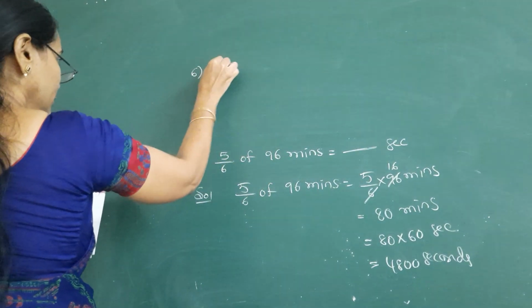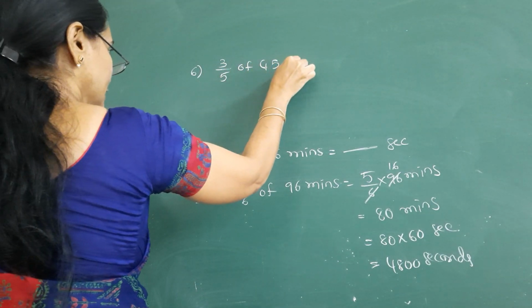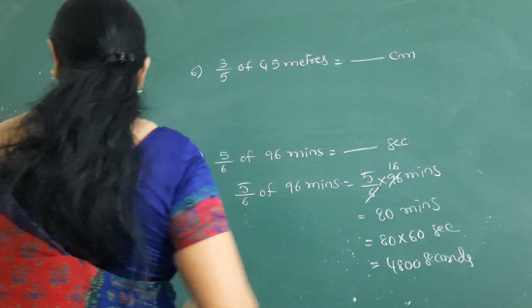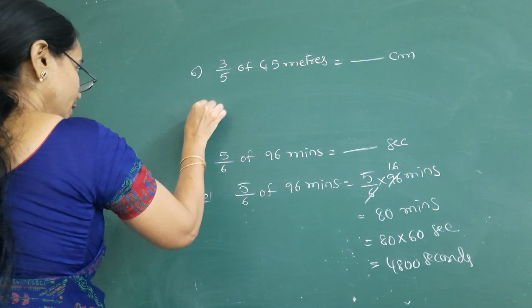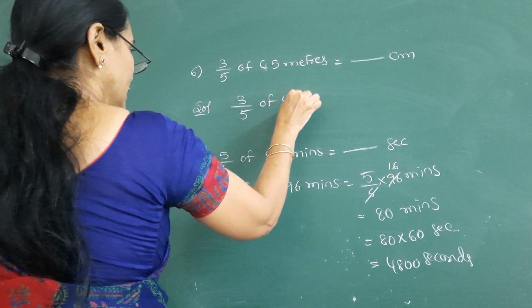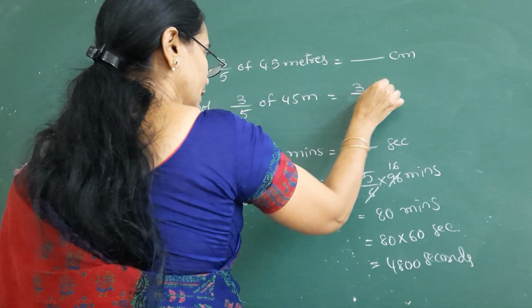3 by 5 of 45 meters is equal to how many centimeters. The question is in centimeters. Now we have to convert meters into centimeters. 3 by 5 into 45 meters.